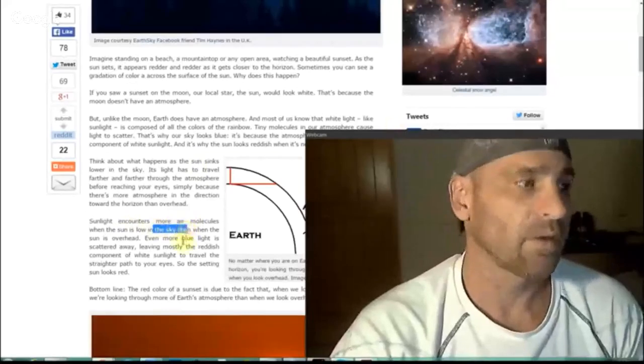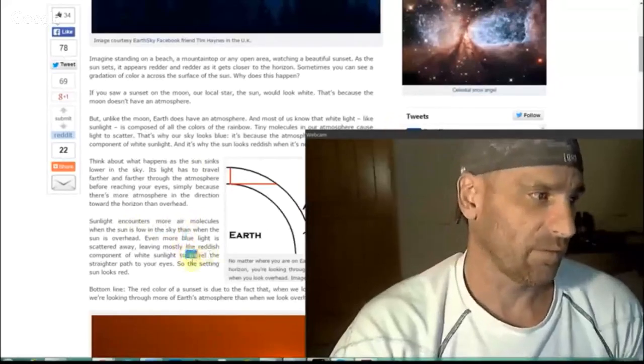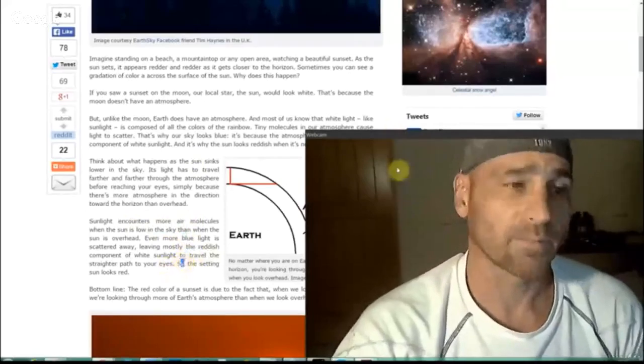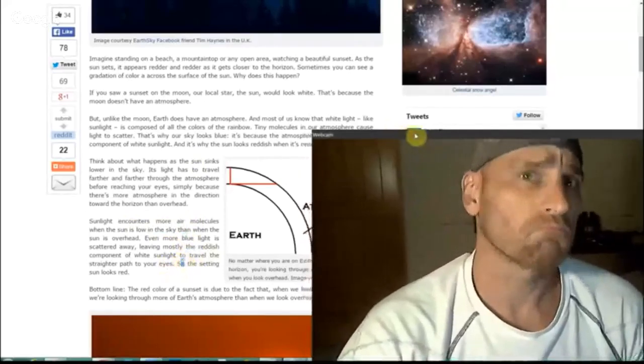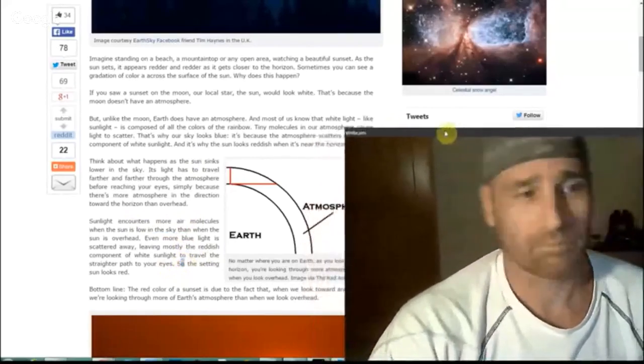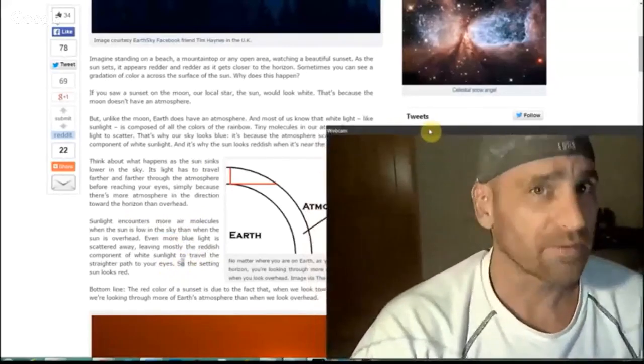Even more blue light is scattered away, leaving mostly the reddish component of white sunlight to travel the straighter path to your eyes, so the setting sun looks red. Sounds good, right? But it's not the correct answer.